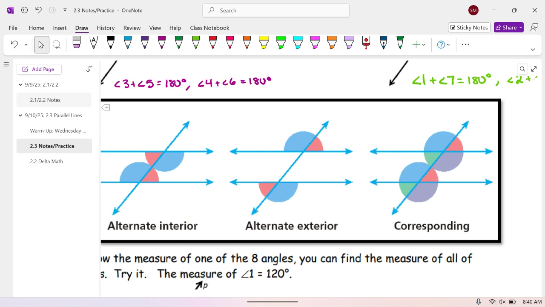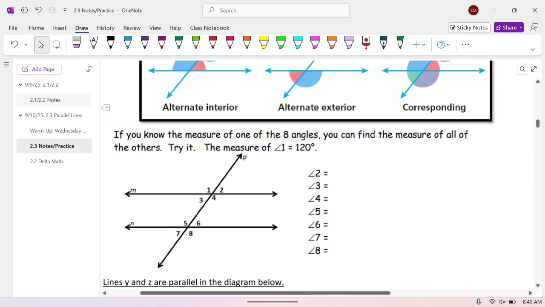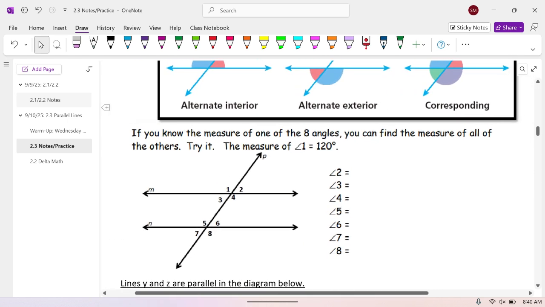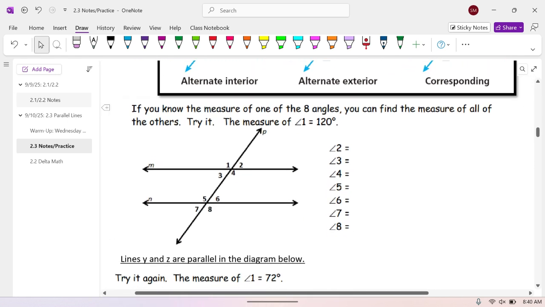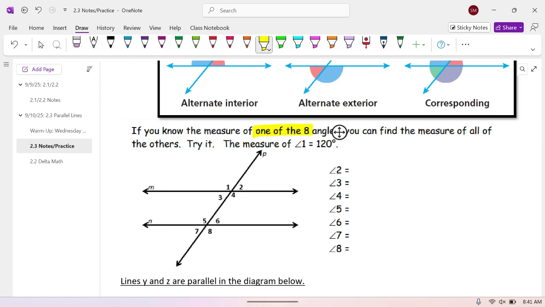All right, let's look at this first example. Like I just said, if you know the measure of one of the 8 angles, you can find the measure of all of the others. We only need to know one angle measure to figure out the rest.